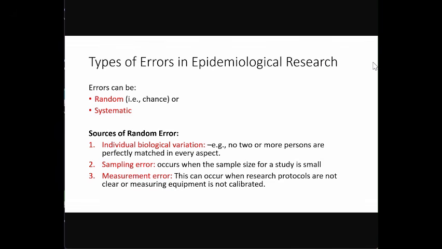Maybe when you are doing sampling, you are doing multi-stage sampling or cluster sampling. In those cases, all the people have not been given equal opportunity in that study. So a sampling error occurs when equal opportunity is not given to everybody.